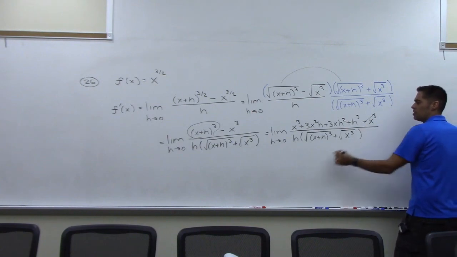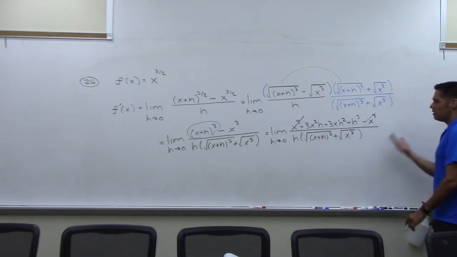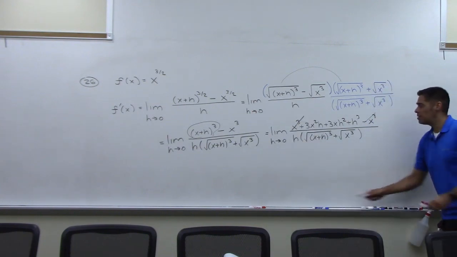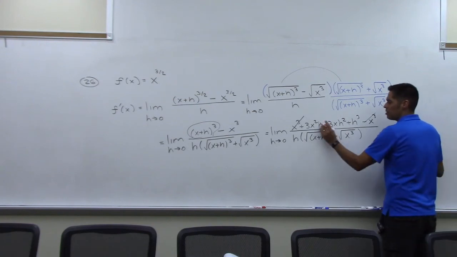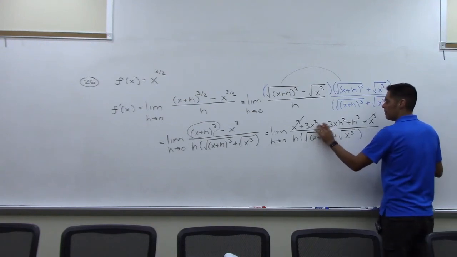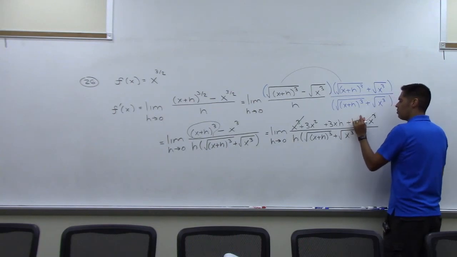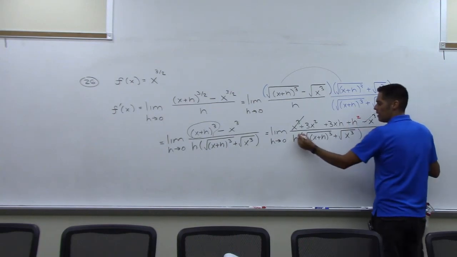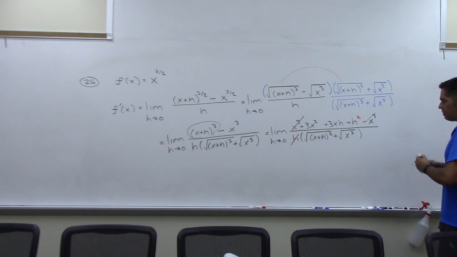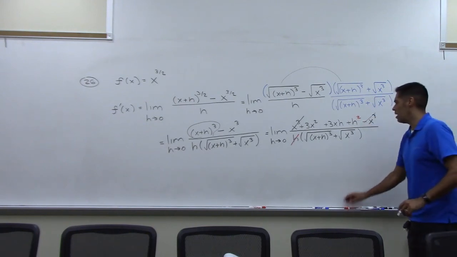My x cubes cancel. Everything left has an h in it, so let me just cancel out an h. This h goes away, right? This h squared becomes h. This h cubed becomes h squared. And then that h canceled out with the h that I pulled out of the top. And this is all I've got left, okay?